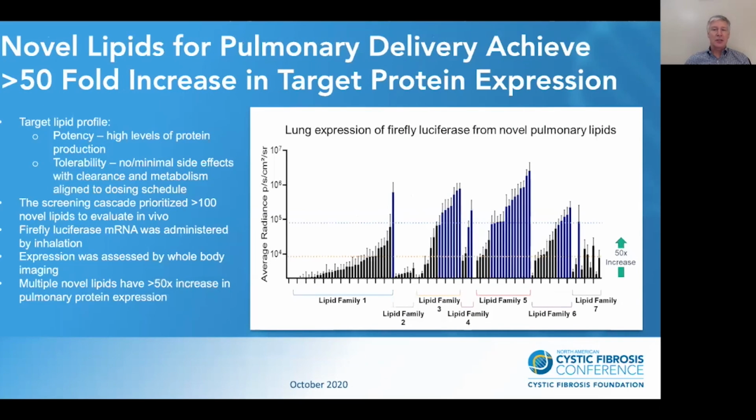And finally, what I'll touch on is our lipid discovery activities, where we've been able to significantly increase, in this case, looking at the expression of our firefly luciferase reporter.